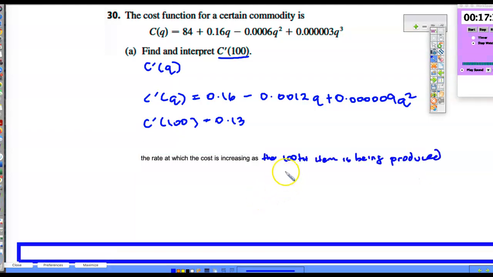My tablet and this recording don't work out, but anyhow, the rate at which the cost is increasing as the 100th item is being produced would illustrate that proper conclusion. So I wanted to take a look at an example of that magnitude. In the 2.7 handout on the second page, that's where these are coming from, as well as the textbook. And this refers to problem number 30.